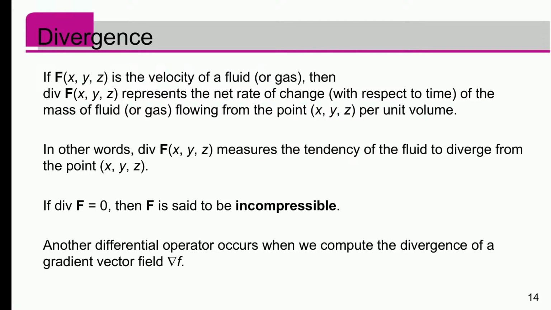If divergence is 0, then this vector field is said to be incompressible. So if the divergence is 0, you don't have any motion, if you want to think of it that way. You have a gas or a fluid moving maybe through a pipe or through whatever it is, through space.